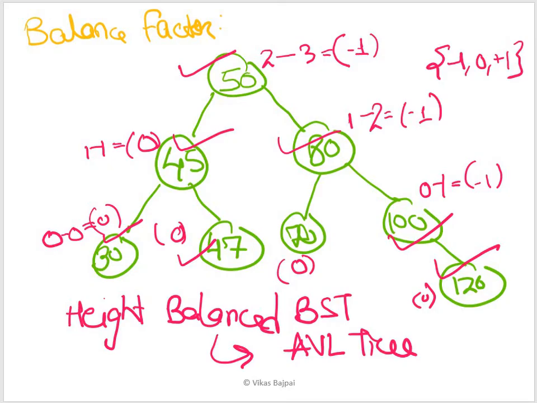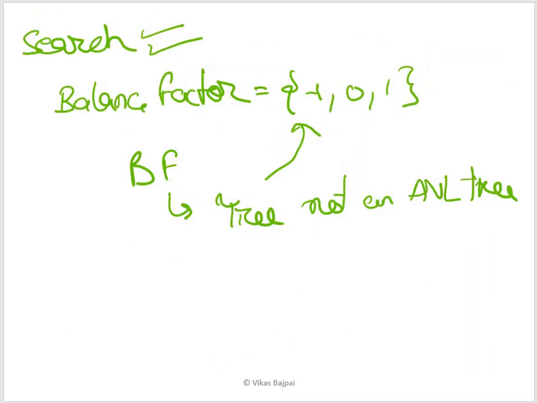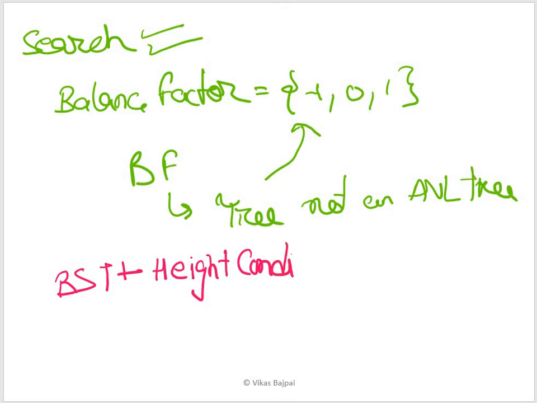So in order to make you understand, what we say is that a BST, which is your binary search tree, plus this particular height condition gives you nothing but an AVL tree.